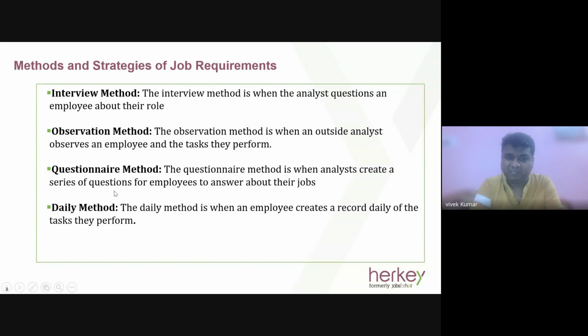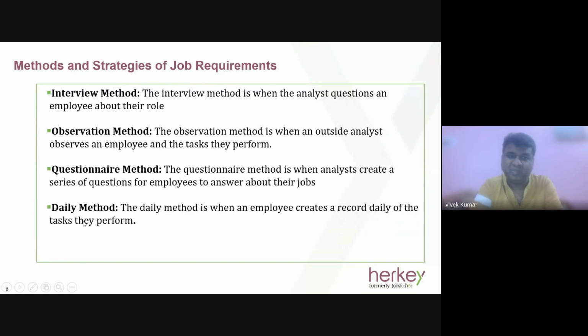So basically there are questions coming from you as an analyst, and then the daily method is something which gives the employee the way to record their own daily tasks. So now you have two sides of the information, right? Maybe you have made some assumptions, and on the basis of that you have created a questionnaire, but that might still not give you 100% clarity about the job requirements.